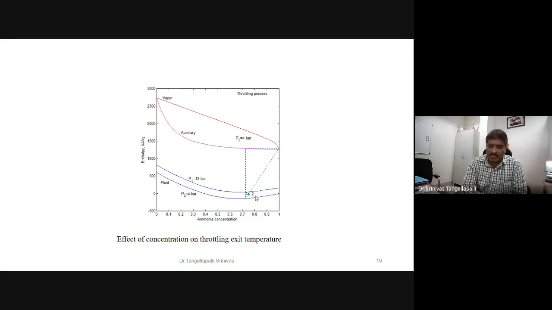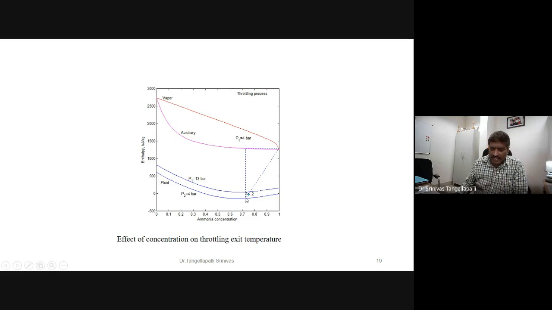X2. Using the trial and error method in this graphical solution, first we have to assume an exit temperature after expansion, and at that assumed temperature draw a vertical line till the auxiliary line and a horizontal line onwards till reaching the saturated vapor line.